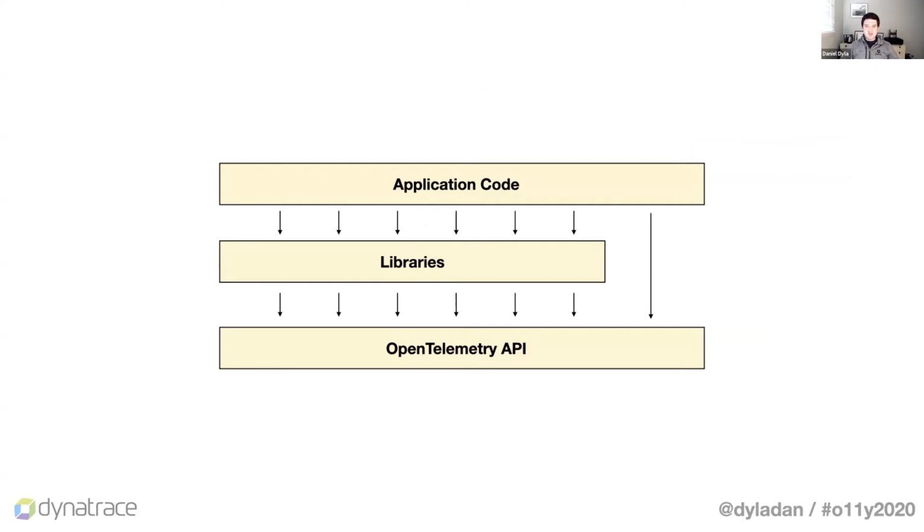But the real advantage of OpenTelemetry is that those libraries should be able to depend on the API without worrying about whether their customers are OpenTelemetry users. This is important because if you have some database driver that wants to export telemetry in an open source format, they can call the OpenTelemetry API methods and export tracing data, and their customers can just decide whether they want to use it or not.